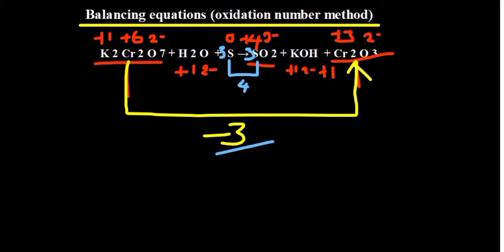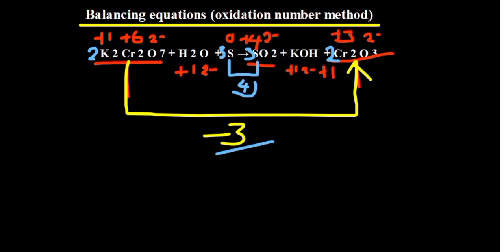Then we also need to multiply the other half reaction by 4. But if you look at K there, it already has a subscript of 2. So you just need to put a 2 to make it 4. The other side as well, chromium has got 2 already, so we just have to put 2 again to make it 4.